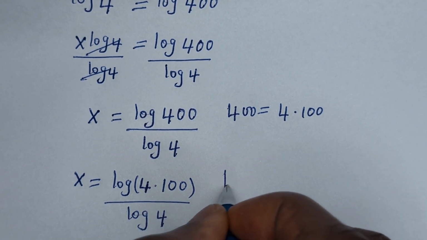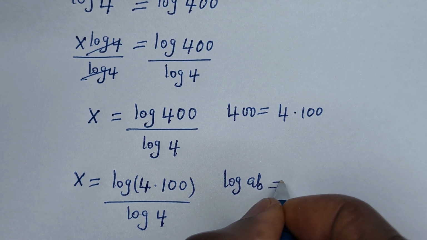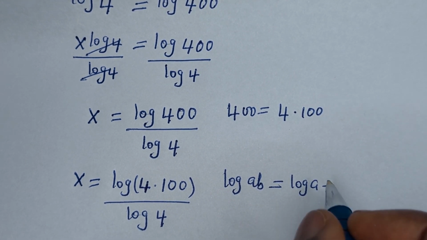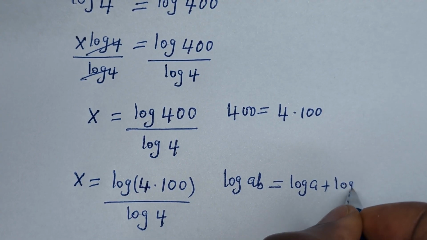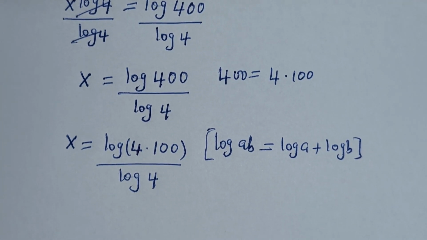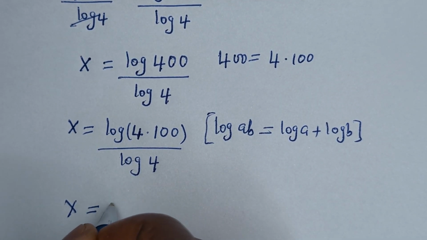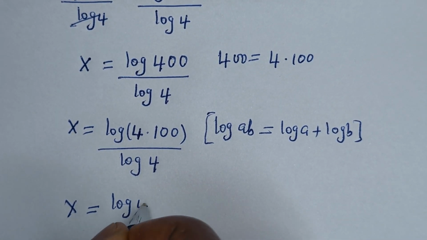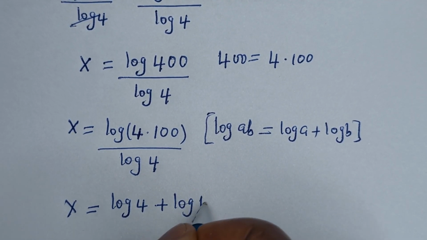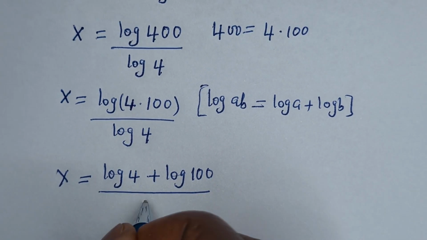If you have log AB, this is equal to log A plus log B. This can be written as x is equal to log 4 plus log 100 over log 4.